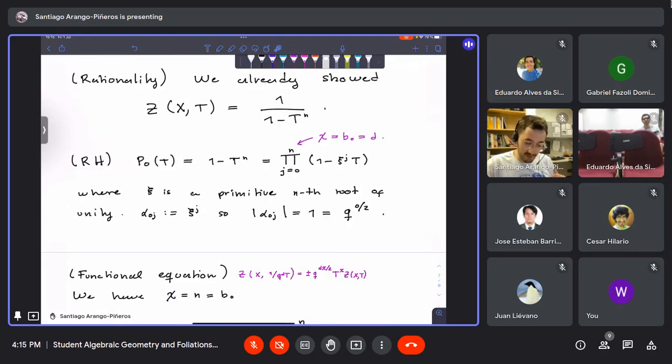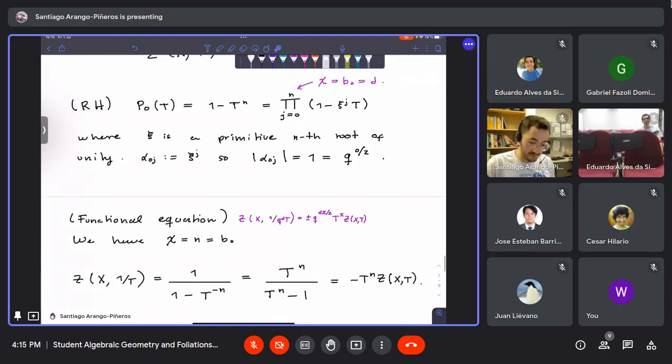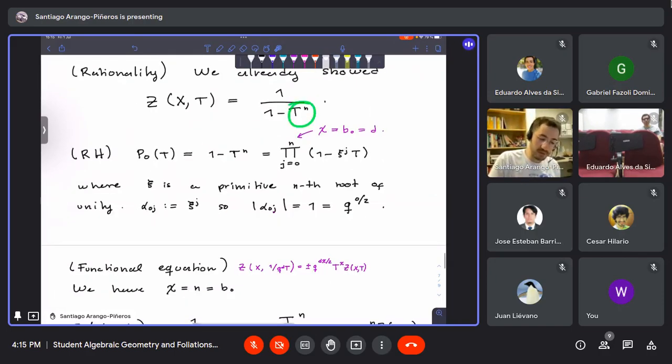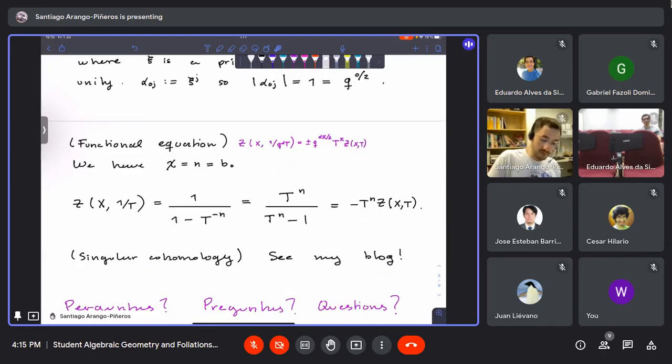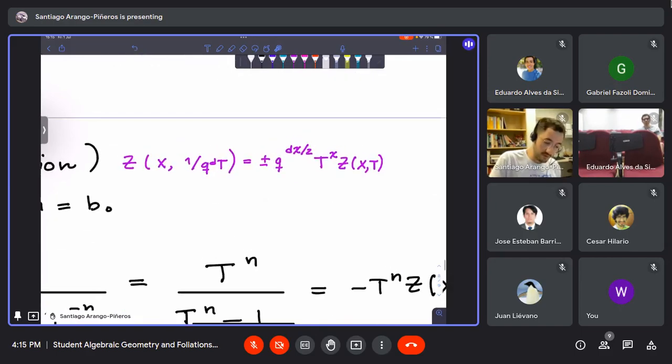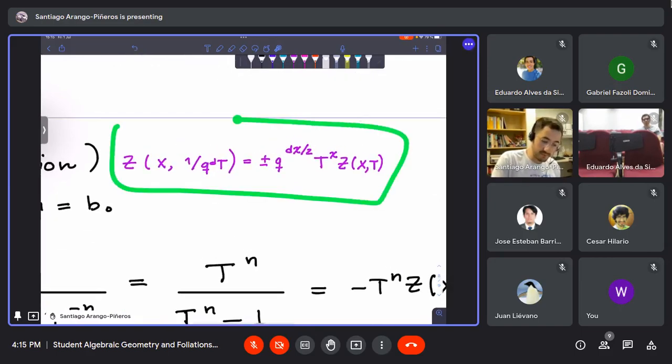The functional equation is also easy. So notice that here the Euler characteristic, since we only have one polynomial, is going to be equal to b0. And b0 is the degree of this polynomial, which is n. So this is the functional equation that we need to verify.